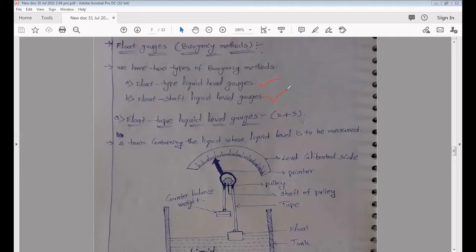We can measure the liquid in an open tank and a closed tank by using these two methods. We store liquids in different manners, because it is not possible to store all liquids in the same manner.